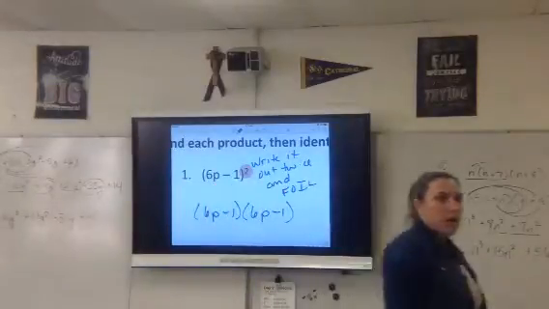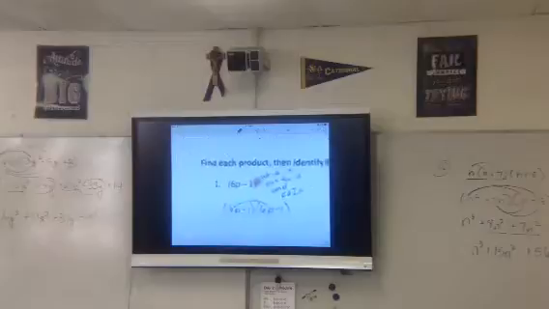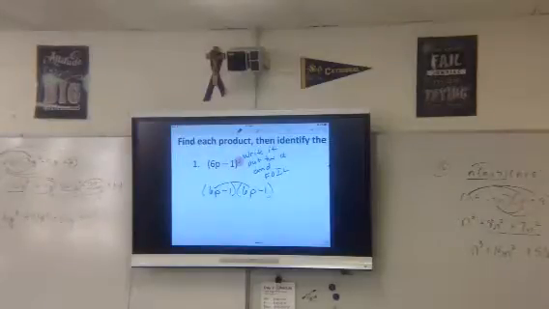Okay, all right. Jill and G, start us off. 6p times 6p. 36p squared, good. Kayla, 6p times negative 1. Very good. Okay, Shiloh, negative 1 times 6p. Negative 6p. Good.